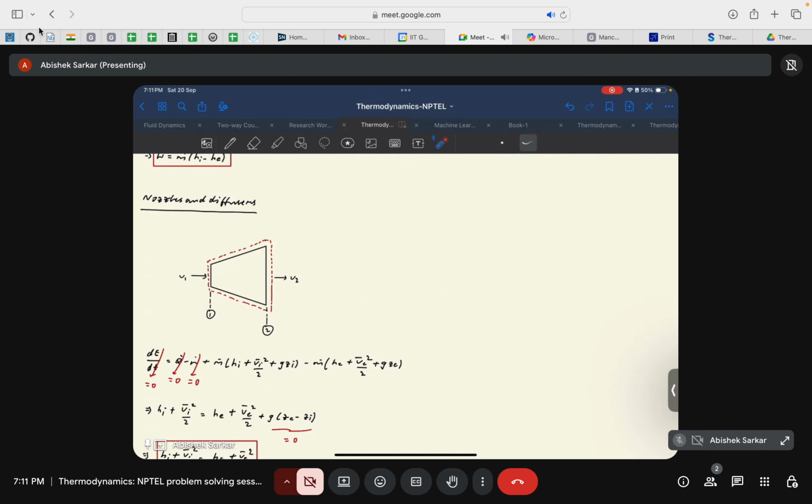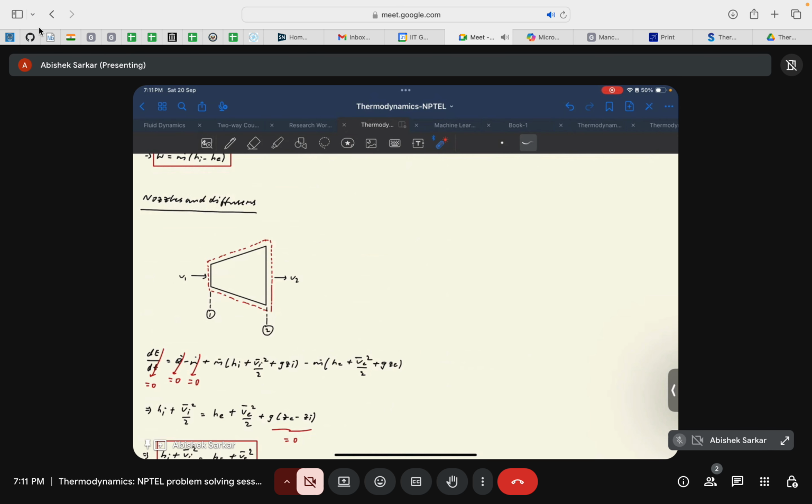If you see here, these are devices where both the energy in, that is heat interaction and work interaction, are not of much relevance. But the thing of relevance here is the velocity.